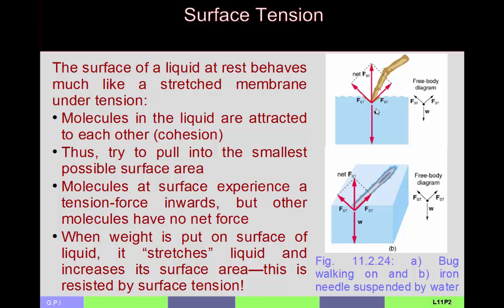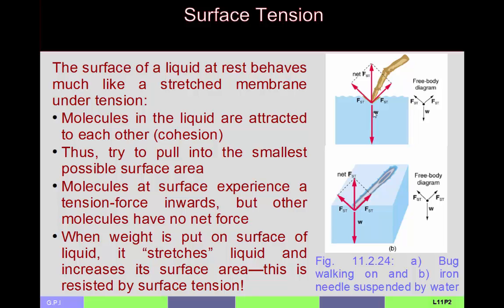The smallest possible surface area. And if you have a molecule which is at the surface, it's being pulled inward by tension, but there's no molecule above it, for example, to pull outward. And so there's a net inward tension force.